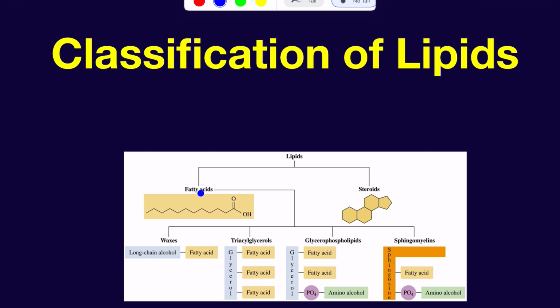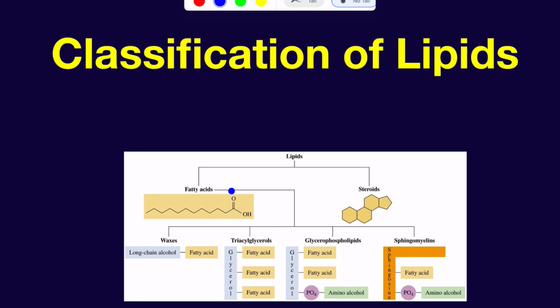In a typical fatty acid, you would have a carboxylic acid functional group like you got on the right side here, and you're going to have a long tail, which is going to be made of just carbon and hydrogen. This long tail of carbon hydrogens could be made of 16 carbons, could be 18 carbons, could be 20 carbons, and so on.